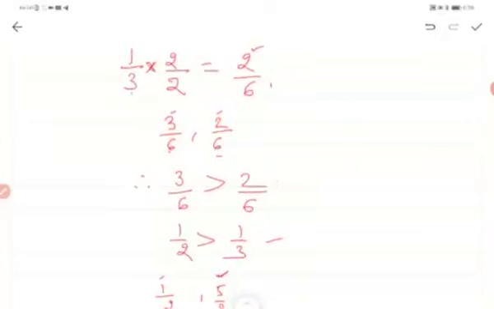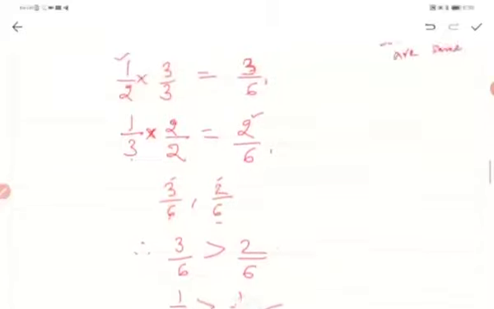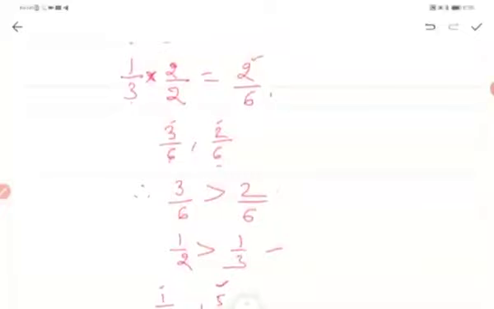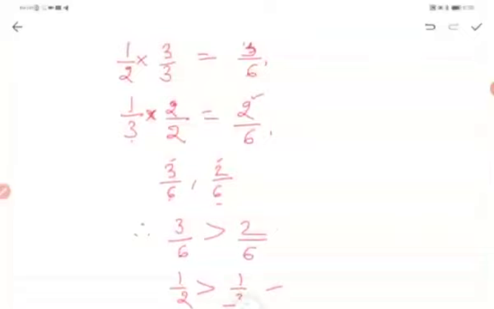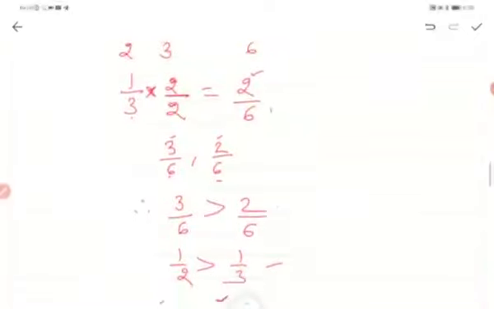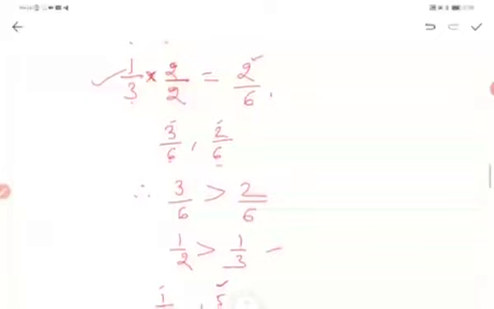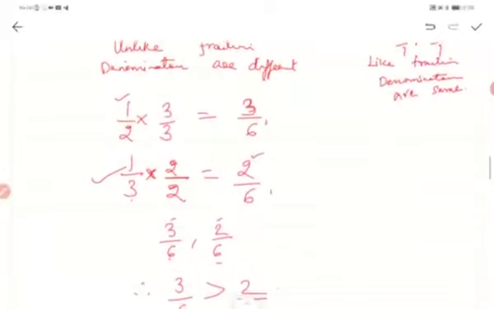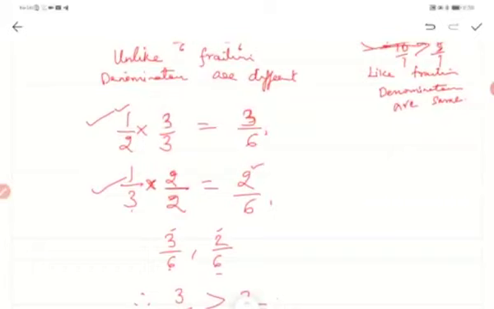Isn't it? We got the same after we did it like this. We took the multiple, that is LCM. When you take LCM of 3 and 2, you will get 6. So you need to multiply and divide 1 by 3 with 2, and multiply and divide 1 by 2 with 3.